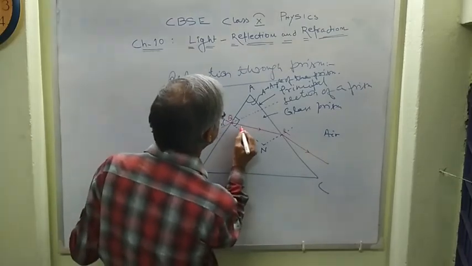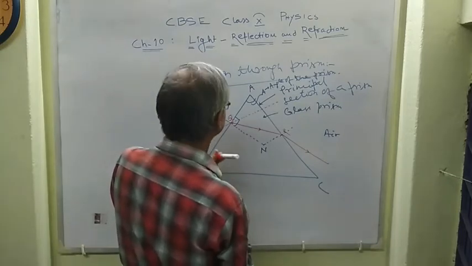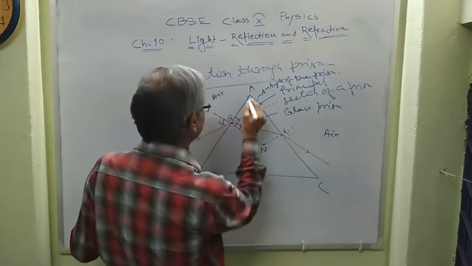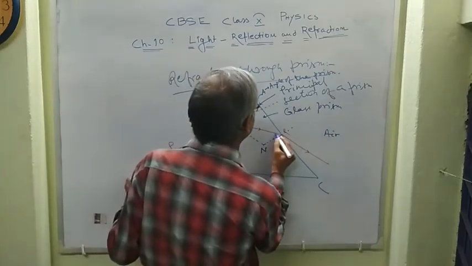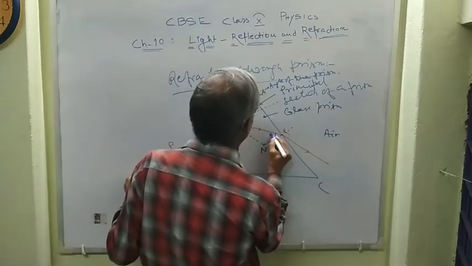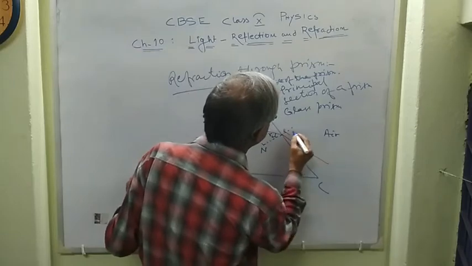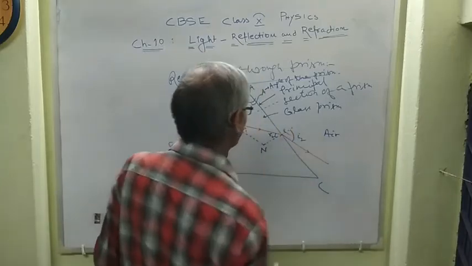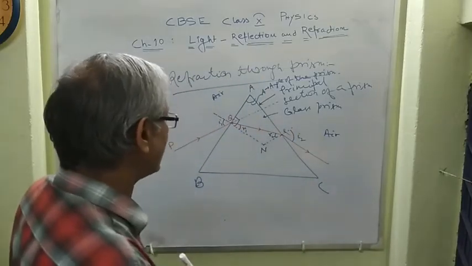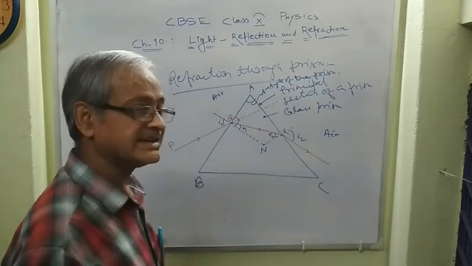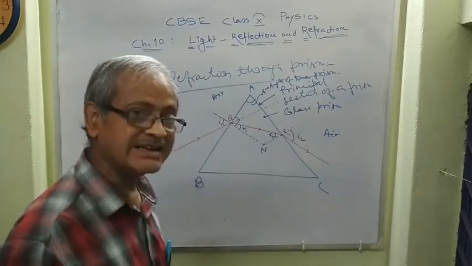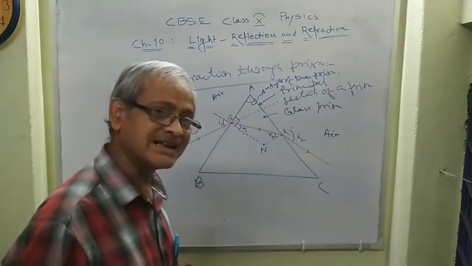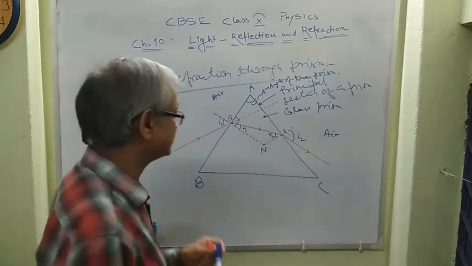Here this angle is R1, angle of refraction R1 due to refraction at Q. Here R2 is the angle of refraction, and this is the angle of emergence, that is I2. We may write I1 as I, R1 as R, R2 as R dash, R prime, and I2 as E, angle of emergence, right?